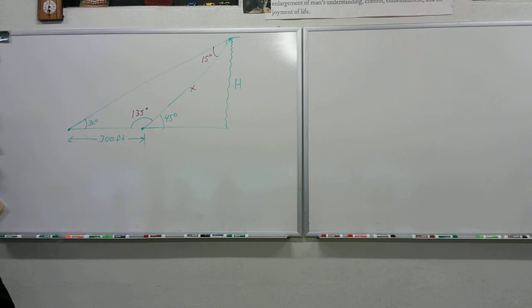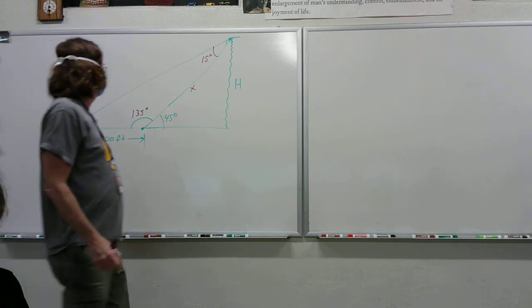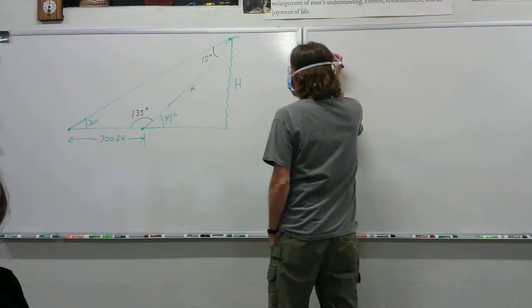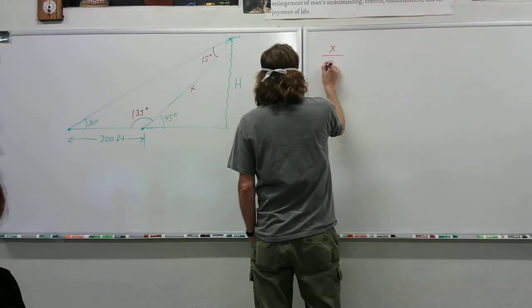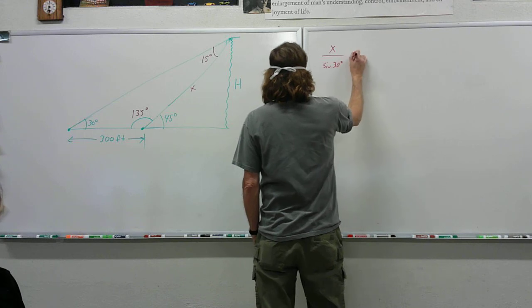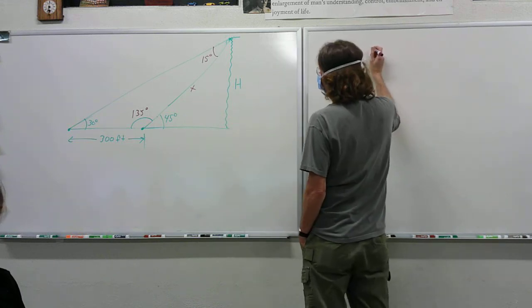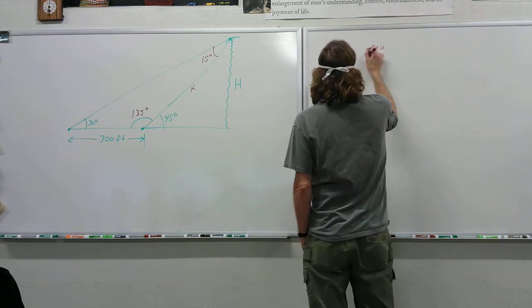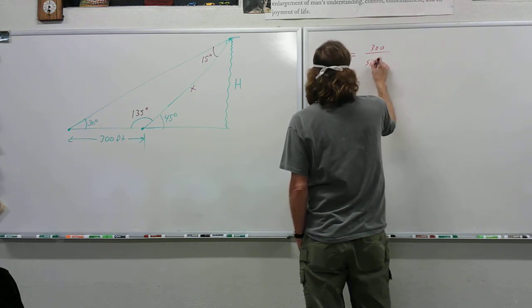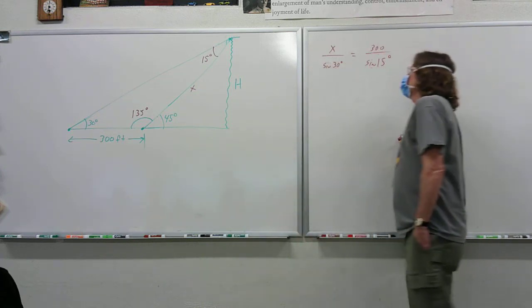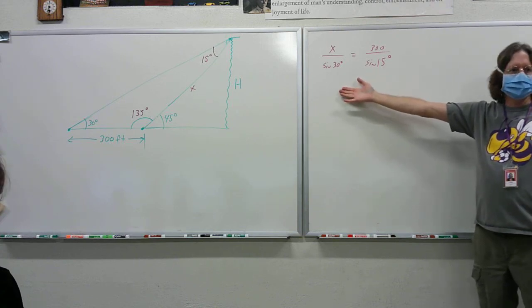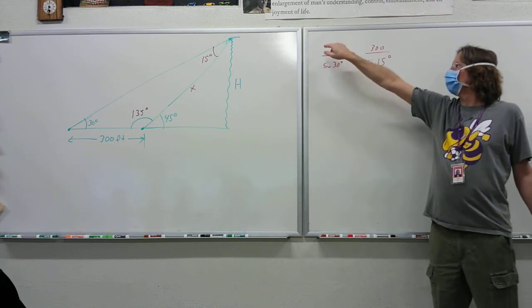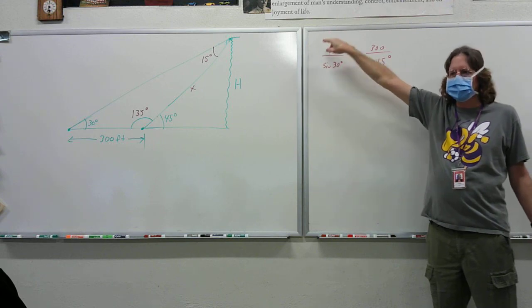So what I'm going to do is x over sine of 30 equals 300 over the sine of 15. Now, you will notice something I did here. I used the reciprocal version because I always want to put what I'm looking for in the top left.